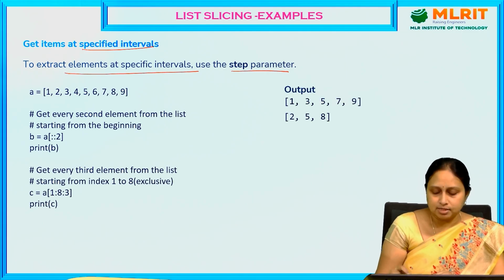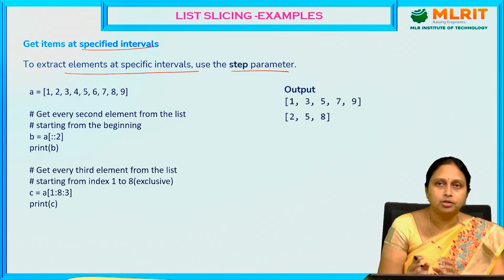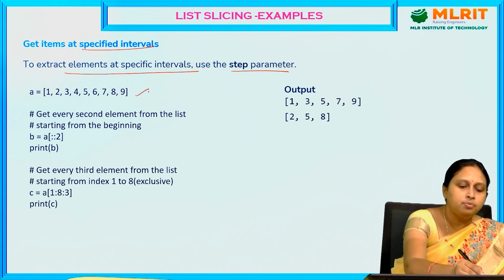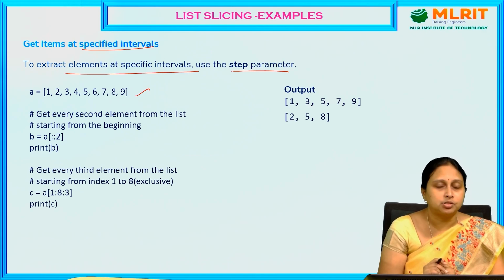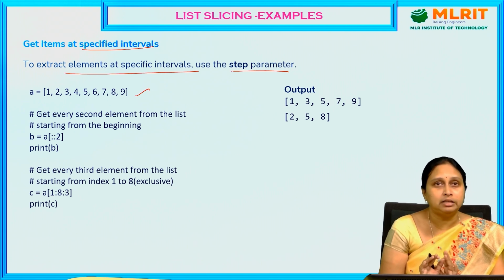Now, let us consider, okay, let me place this output also so that you could understand clearly. Now, let us consider the input is 1 to 9, elements we have taken, and get every second element from the list. Now, I want to use the parameter step to get every second element in the list.